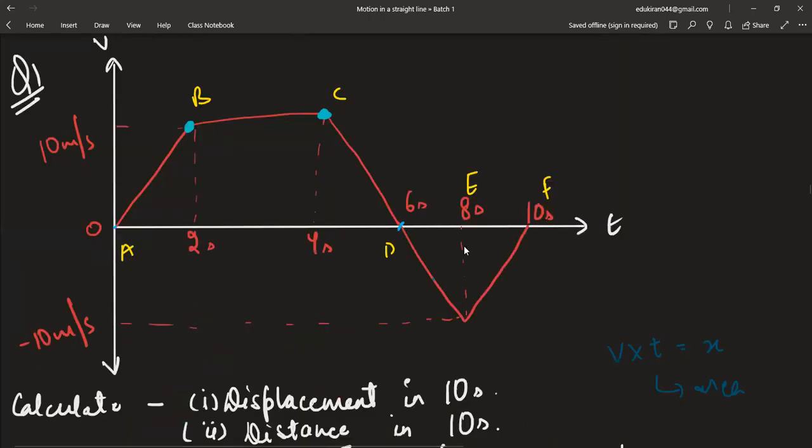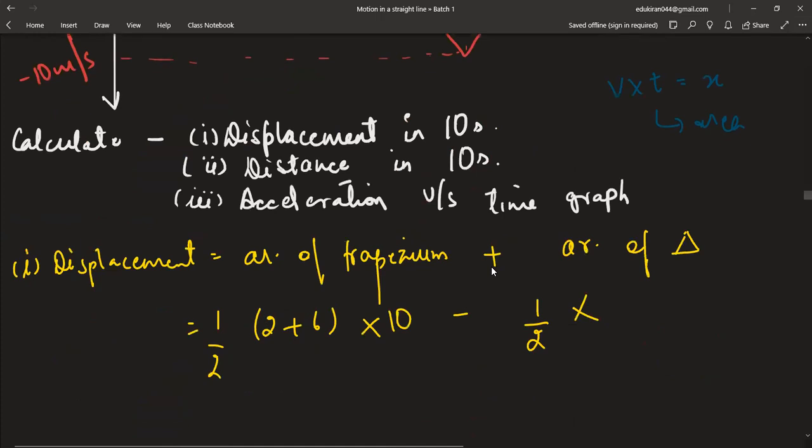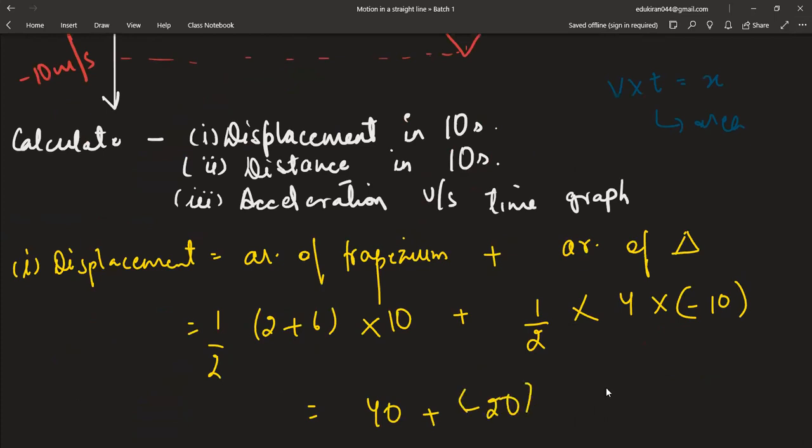That is 4. And height is minus 10. Even when you are adding it, this is actually addition of the area. So when you write half into base into height, here you can write it as 10 or here you can write it as minus. So this becomes 40. This is plus, this is minus 20. So 40 minus 20, this is 20 meters. Second part is distance.